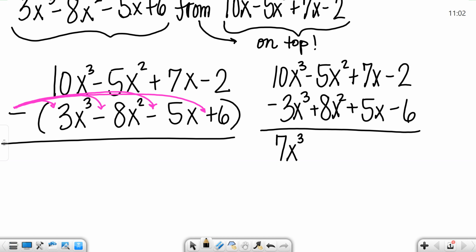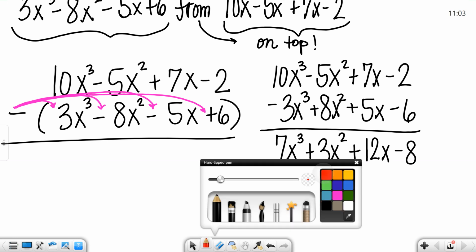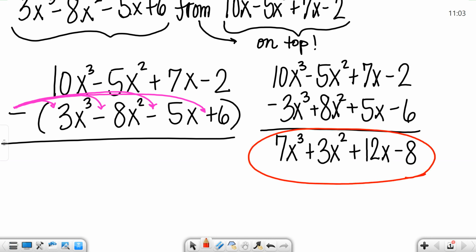Negative 5x squared plus 8x squared gives me positive 3x squared. 7x plus 5x will give me plus 12x. And then negative 2 minus 6 will give me negative 8. So my solution here is 7x cubed plus 3x squared plus 12x minus 8.